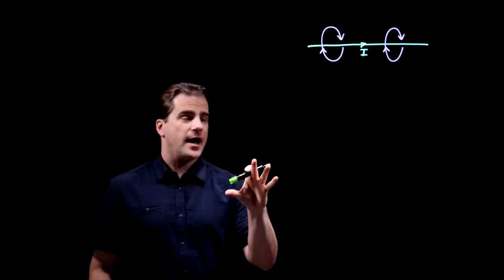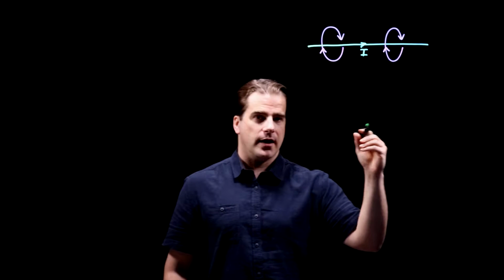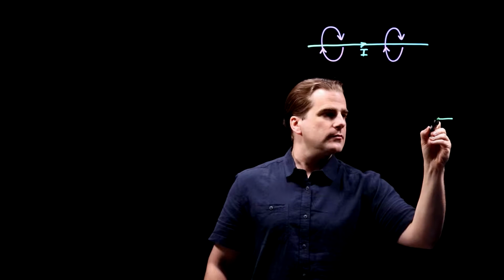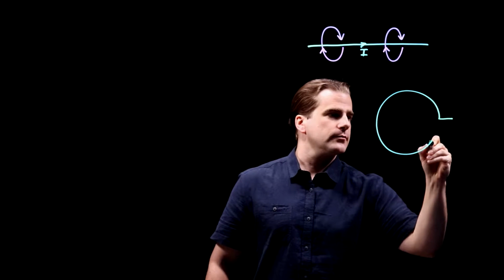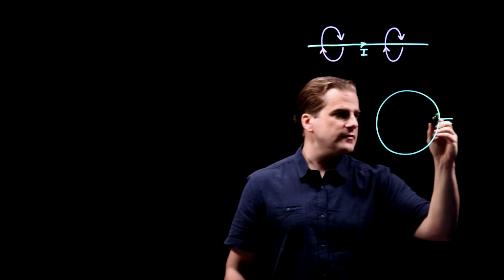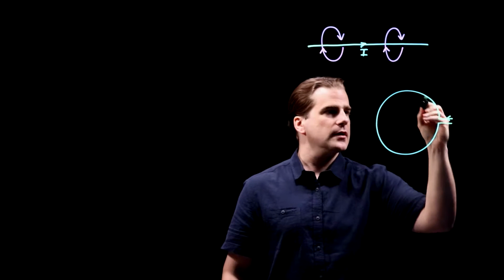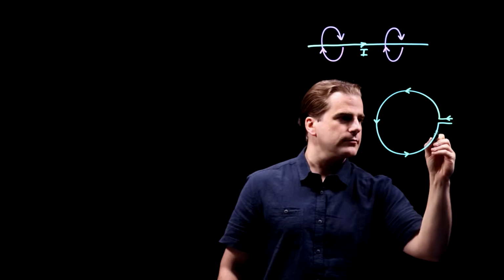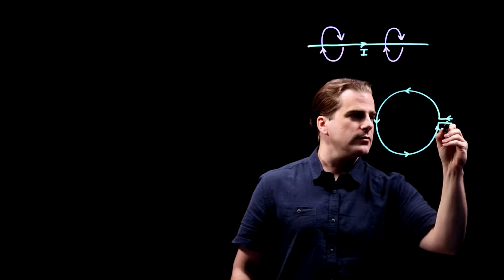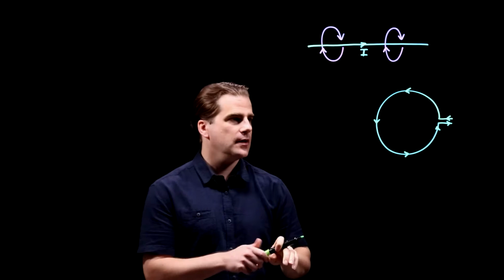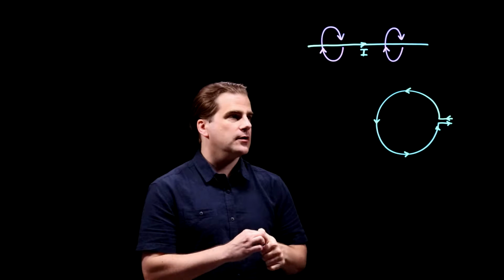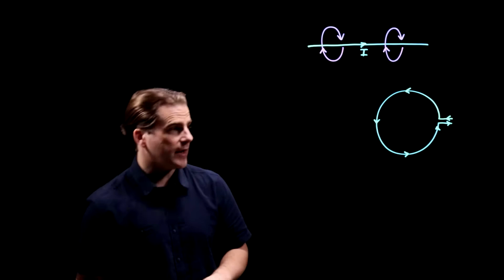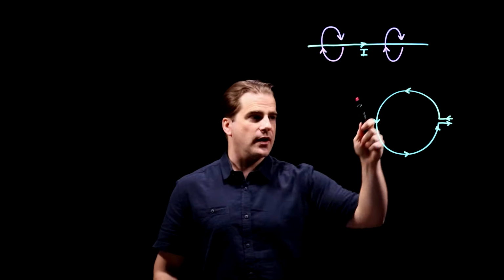So let's see what happens when we take a wire and bend it into a coil. So we'll send in some current here, so it flows in this direction round the coil and back out. Okay, and we're going to use the right hand rule to work out what the magnetic field looks like around that coil.